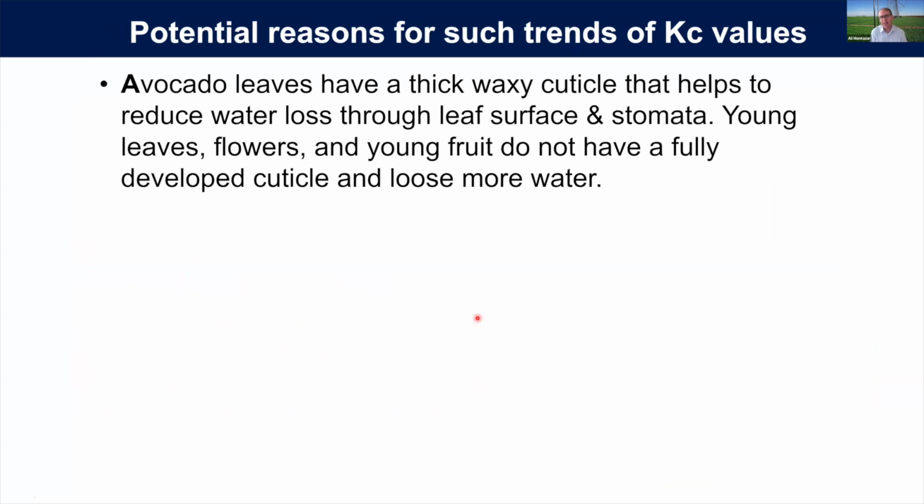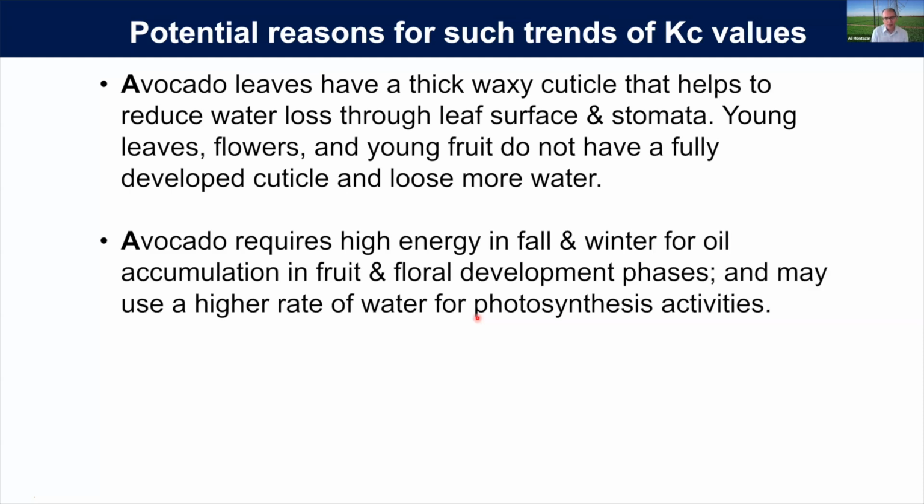And in spring, we have young leaves, flowers, and young fruits, whose cuticles are not fully developed, and they might lose more water than the rest of the year. We also know avocado requires high energy in fall and winter for oil accumulation in fruit and floral development phases, and may use a higher rate of water for photosynthesis activities than grass.